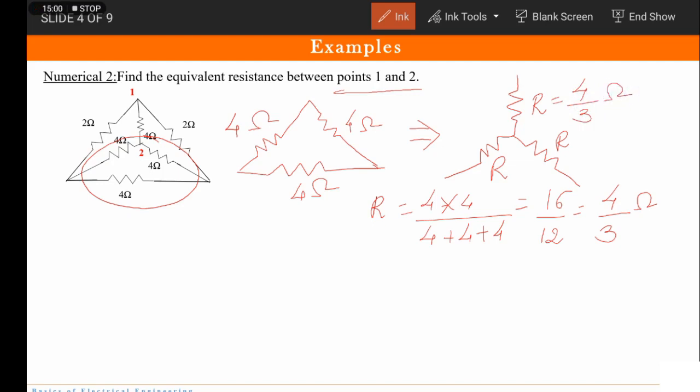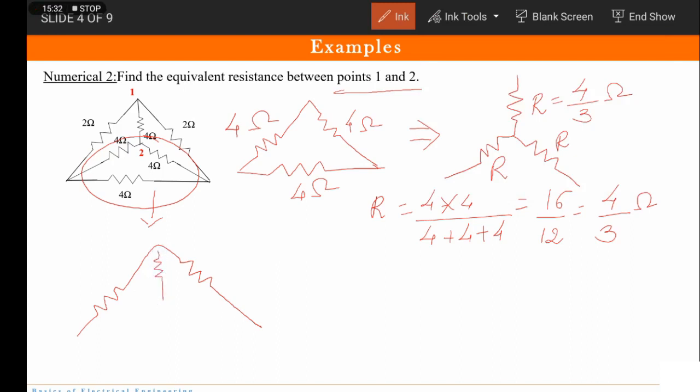Fine. So now let us change this delta connection and let us see how my new circuit looks. So I will draw the remaining circuit as it was earlier. Fine. And this resistance we cannot touch.